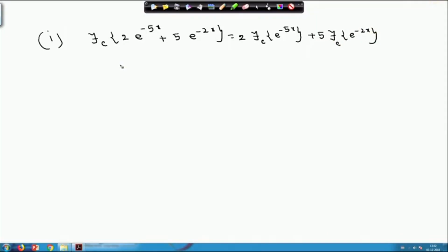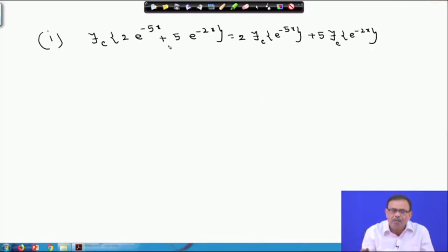Again, you see the use of the properties. Using the linearity property, I can break it down just like we have done for the case of the Fourier transform also. We are breaking this into two parts, and then we will solve this one.